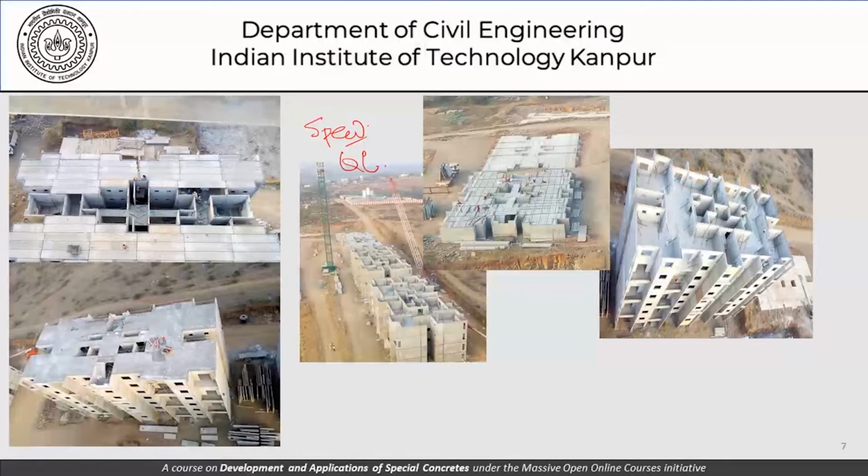We reduce the kind of noise, or the disturbance in the neighborhood on account of the arrival of ready-mix concrete trucks placing the concrete, the kind of people working with concrete construction, and so on. So there is a definite element as far as speed and quality control and the environmental concerns, space concerns, which push us towards precast concrete constructions in buildings, in so many other components.